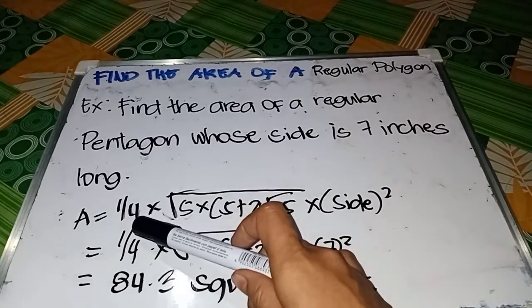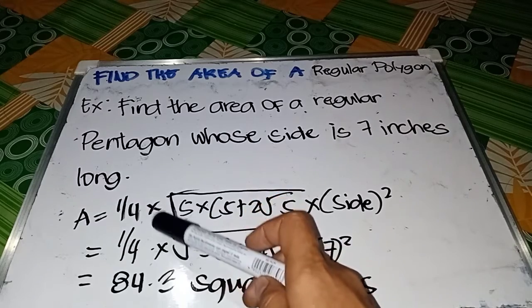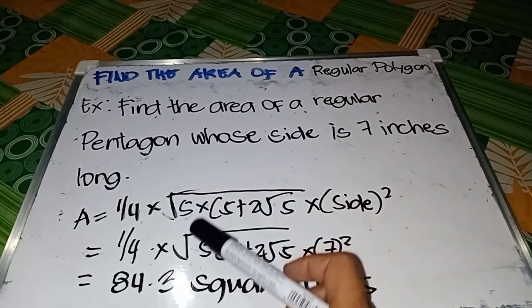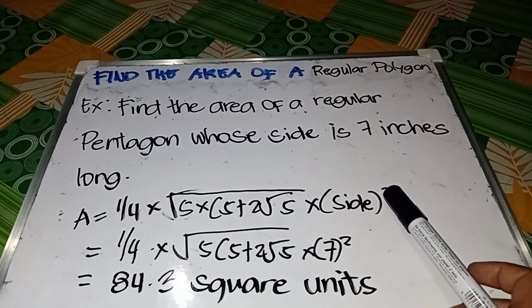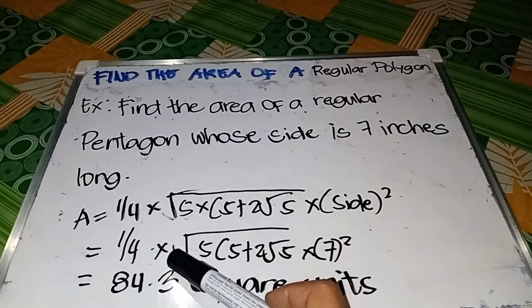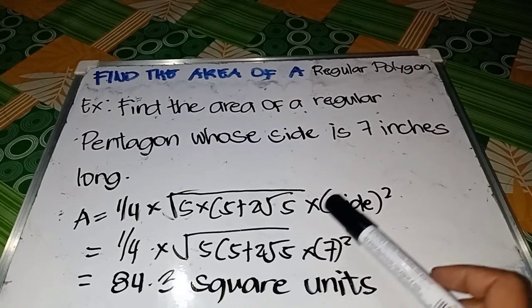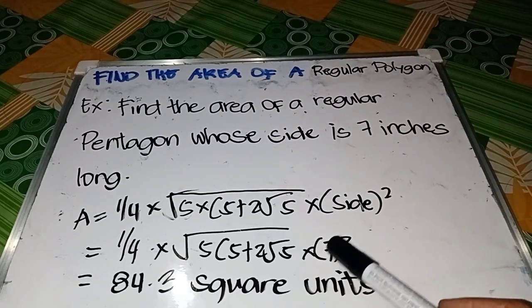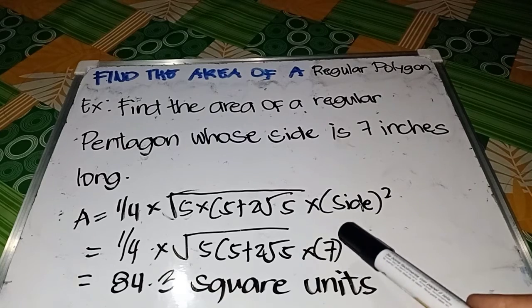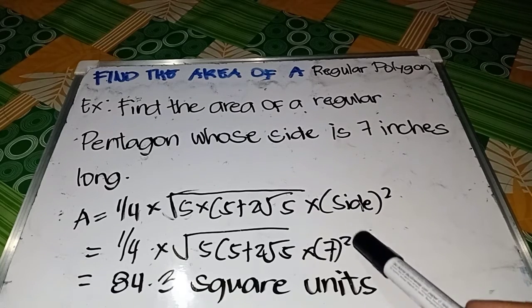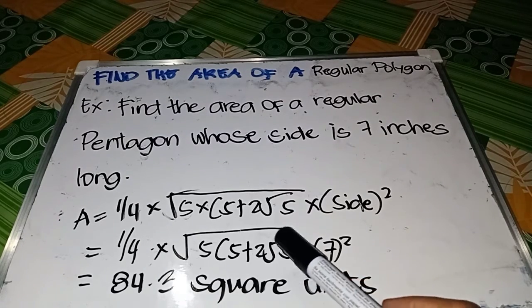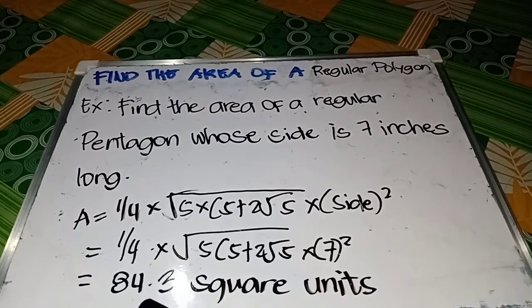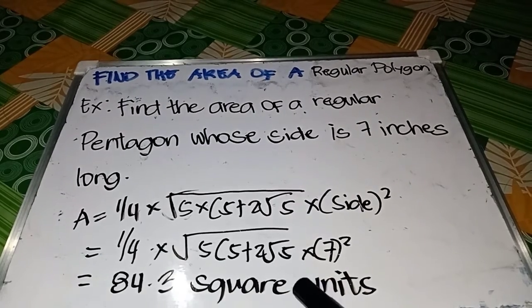This is the formula of a regular pentagon: 1/4 times square root of 5 times (5 plus 2 square root of 5) times side squared. So equals 1/4 times square root of 5 times (5 plus 2 square root of 5), and our side is 7 inches, so 7 times 7 is 49. So the area equals 84.3 square units.